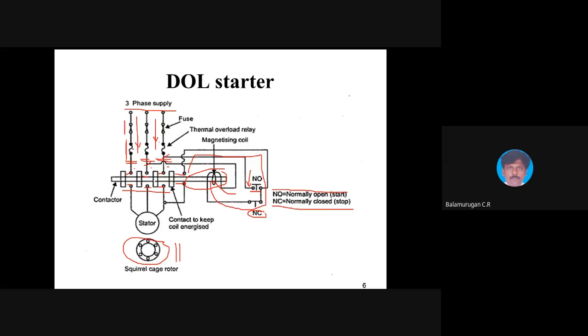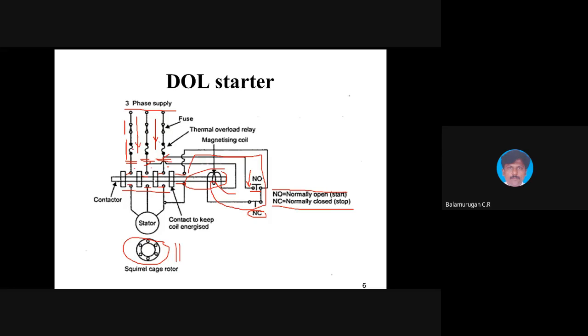Instead of I1 and S, we are replacing in the torque equation: T full load equals K IF squared divided by SF. If we take the ratio between the starting torque and the full load torque, we get IST divided by IF, whole square, into SF.